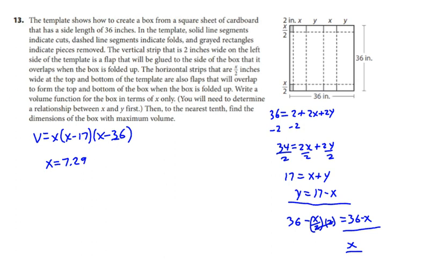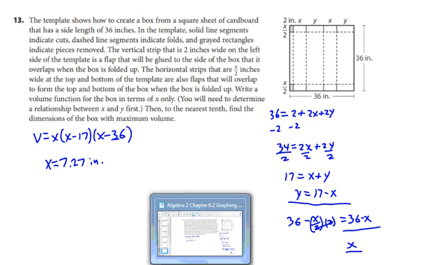So x is equal to 7.27. Hang on a second, I forgot to mention something. What units are we in here? Inches, right? So that's one dimension. But what is that maximum volume?